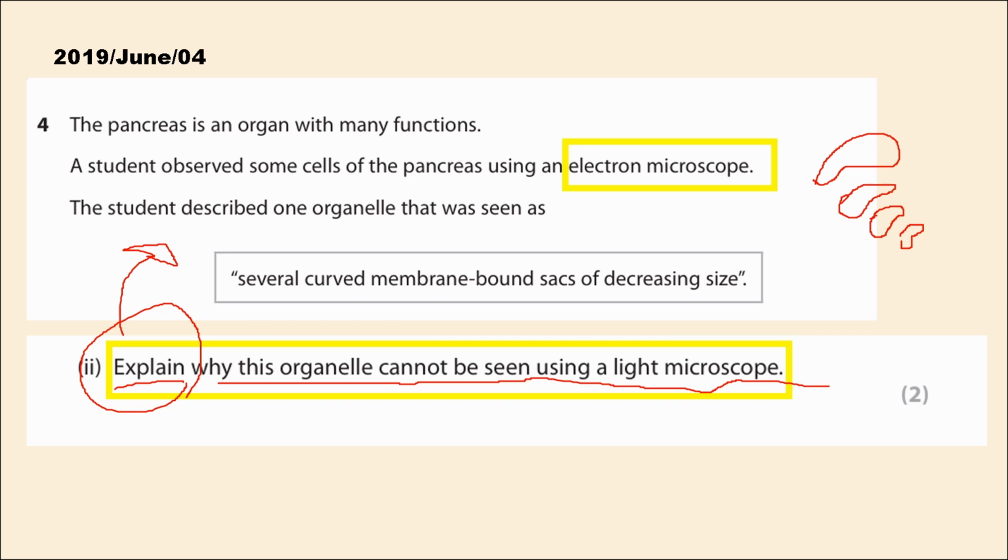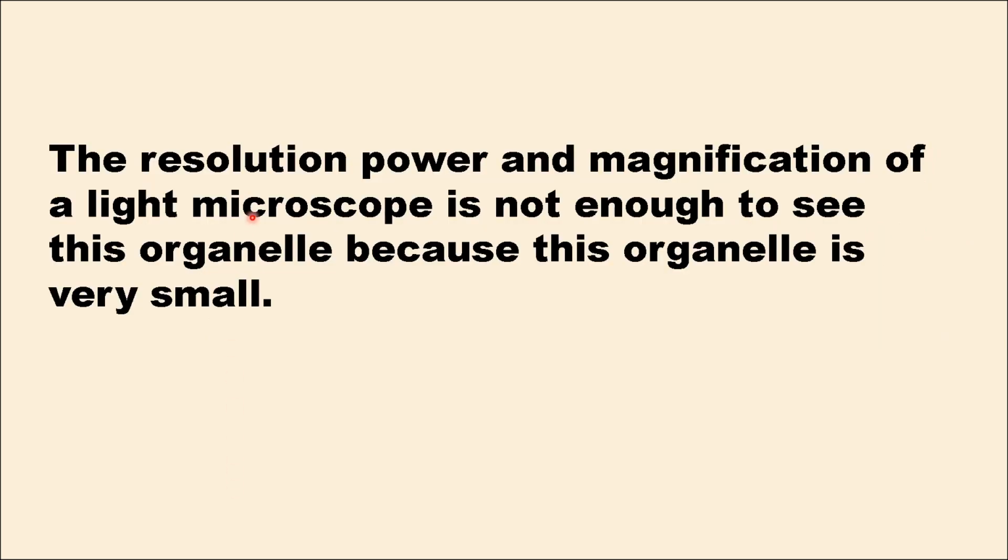Basically, the Golgi apparatus is a very small structure, and due to the limited resolution power and magnification power of a light microscope, you would not be able to see the structure very clearly. So the question is very easy, and you can give your answer like this: the resolution power and magnification of a light microscope is not enough to see this organelle because this organelle is very small.